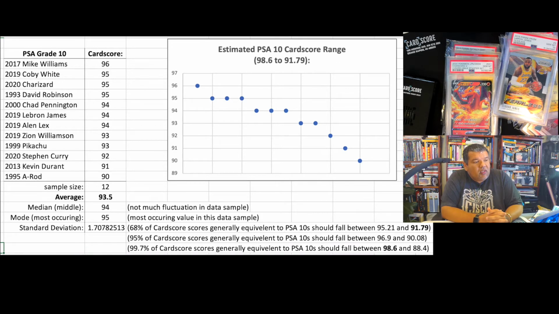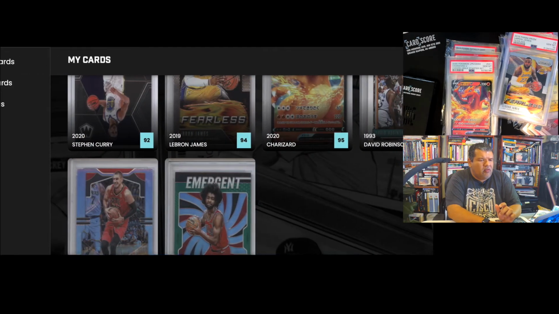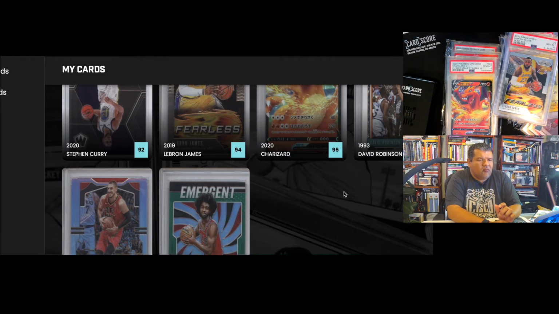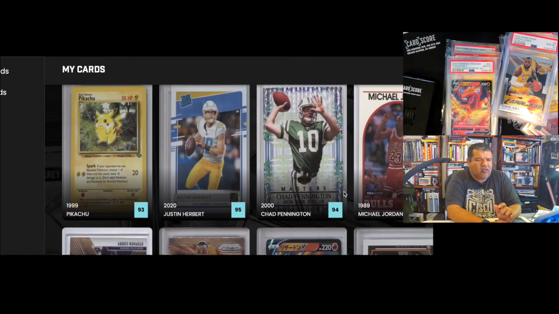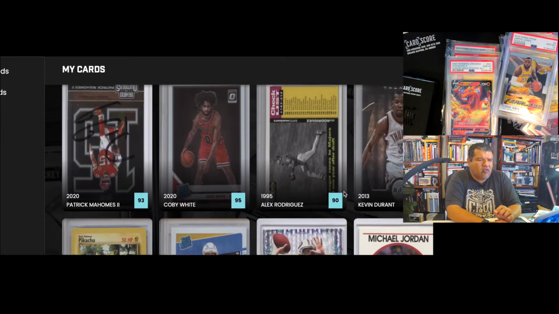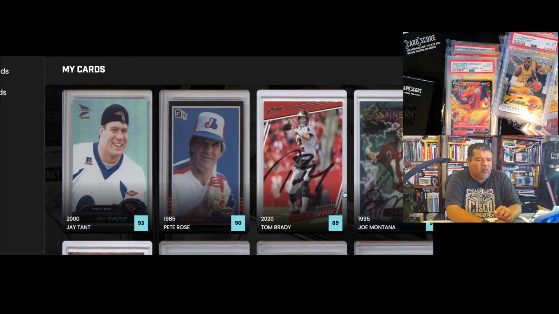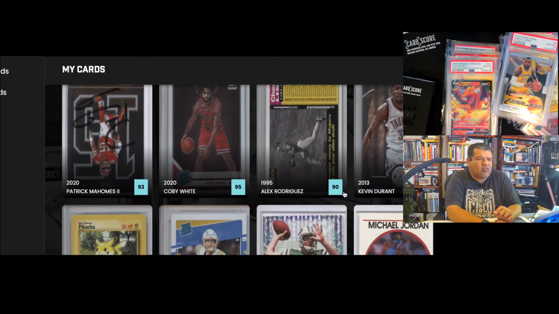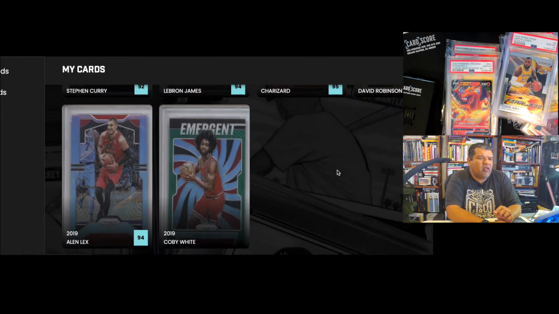In terms of cards, these 12 cards, I got an average of 93.5 when they came back from Cardscore. Over on Cardscore, you're able to log in and see the cards that you've uploaded, and see the results when they come back.